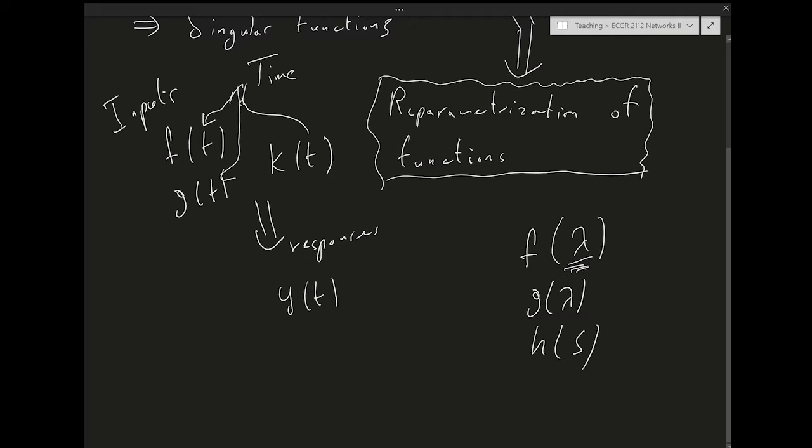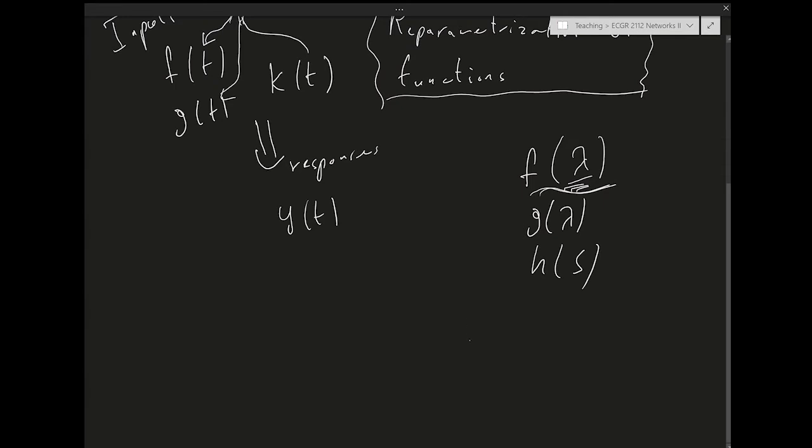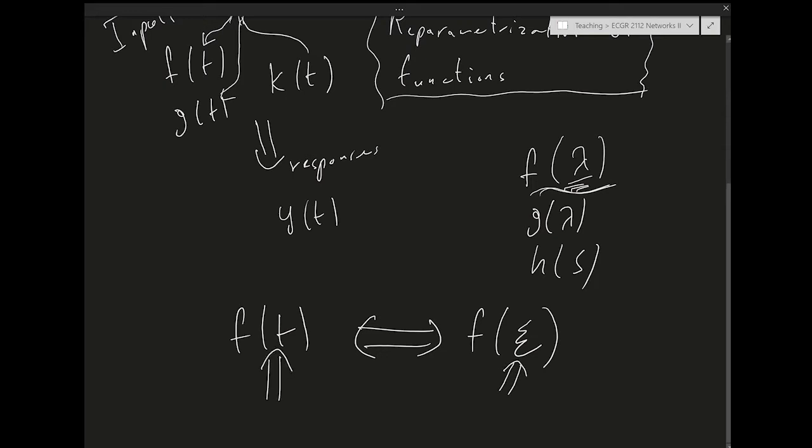The key thing is that for this to be meaningful, whatever alternate parameter we find, let's call it f of zeta, a random parameter, I should be able to switch back and forth from this reparameterization to the original representation in the time domain. As long as I can transform from the time domain to this reparameterization, and then go back at will, things will be orderly and fine.